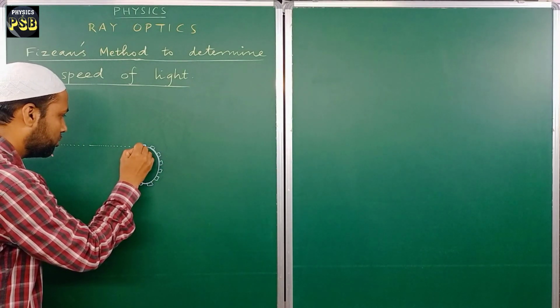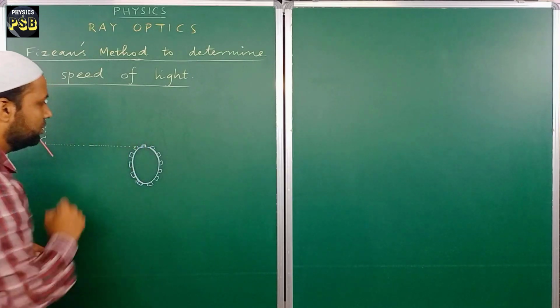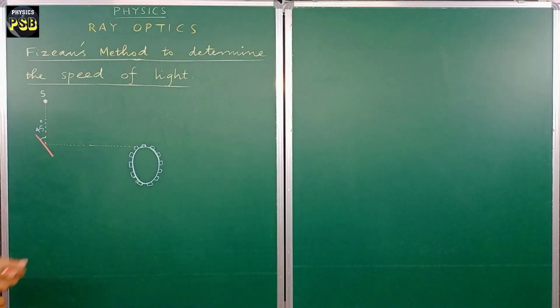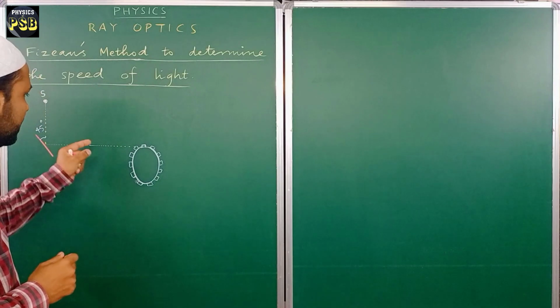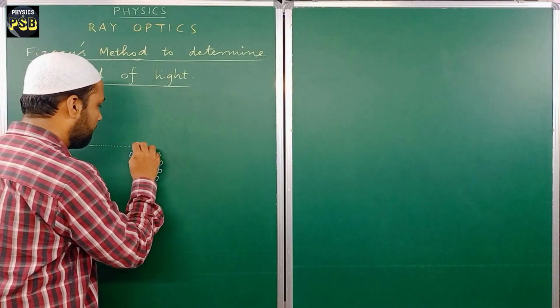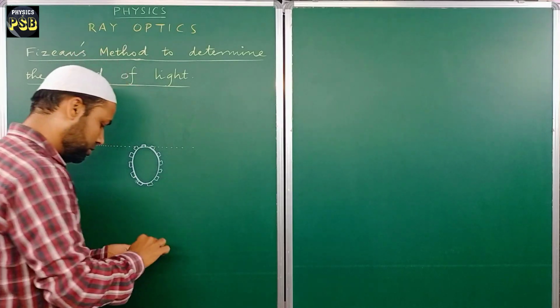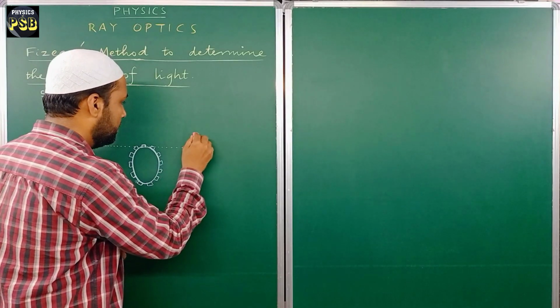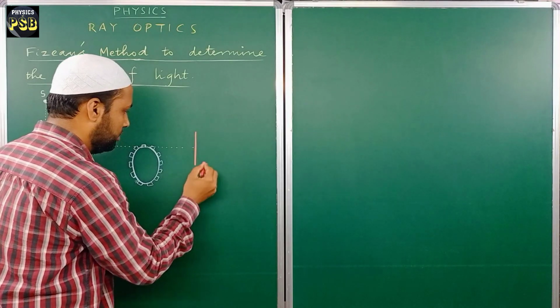I'm just drawing it approximately in this manner. Now when light passes through one cut, it falls on a mirror.